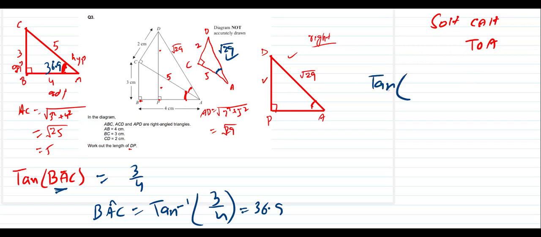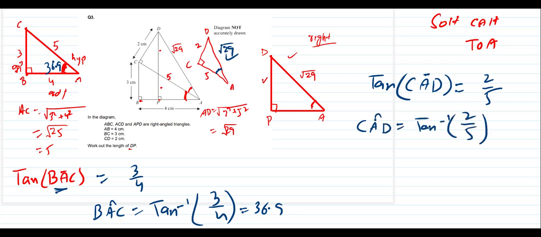If I take tangent of this CAD, because again the center one is the angle, what is it? Opposite over adjacent, 2 over 5. So CAD will be equal to tangent inverse 2 over 5.